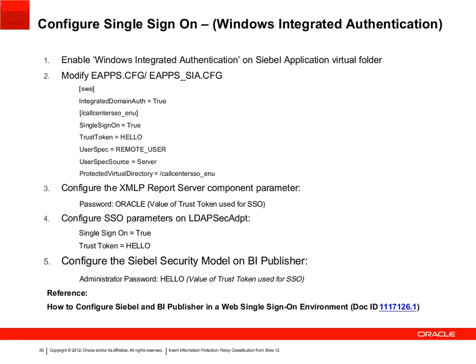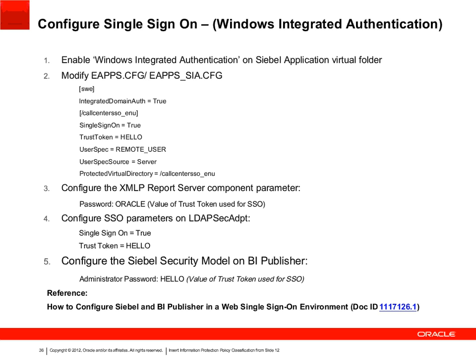Now execute the important single sign-on steps like the single sign-on trust token, the protected virtual directory, and other important parameters. This particular integrated domain authentication parameter is located under eapps.cfg.